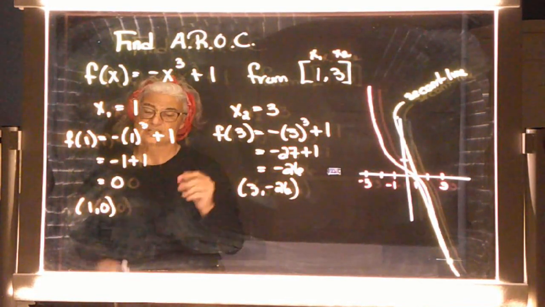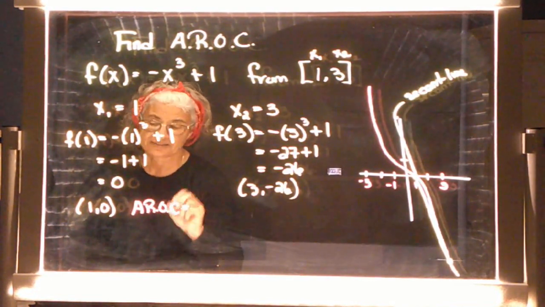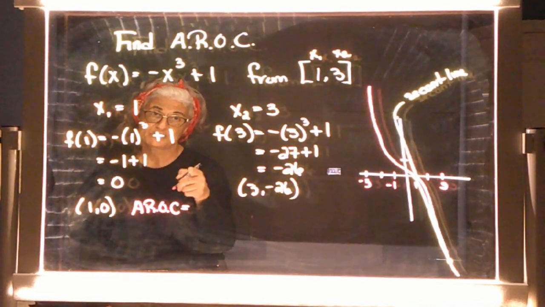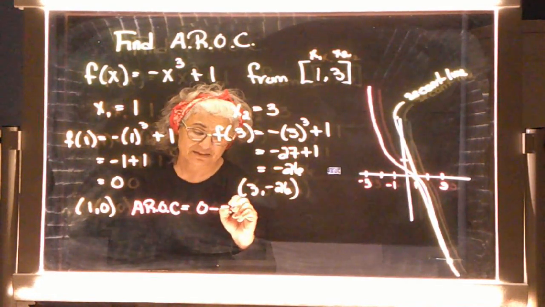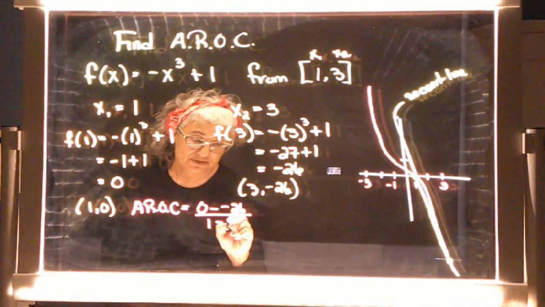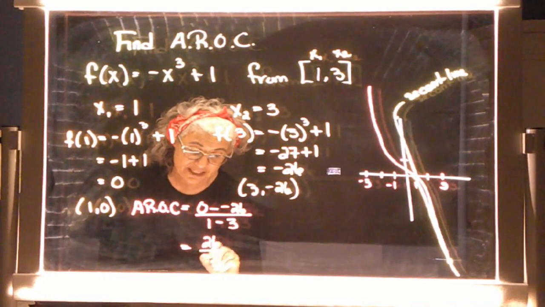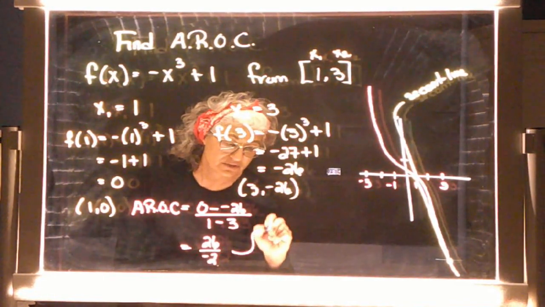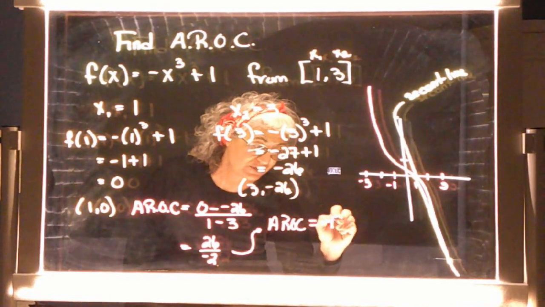So let's get AROC going. The AROC definition says the difference of the y's over the difference of the x's. So I have 0 minus that negative 26 over 1 minus 3, which gives me a positive 26 over a negative 2, which tells me AROC is negative 13.